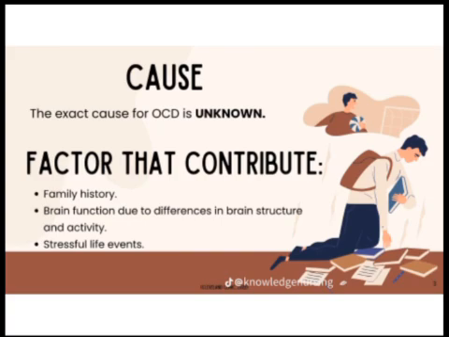Now come to the causes. The causes of this disorder are until now unknown, but you can see there are contributing factors. There are some diseases that have unknown causes, but we can guess the factors that contribute to the occurrence of that disease or disorder. The first one is family history.